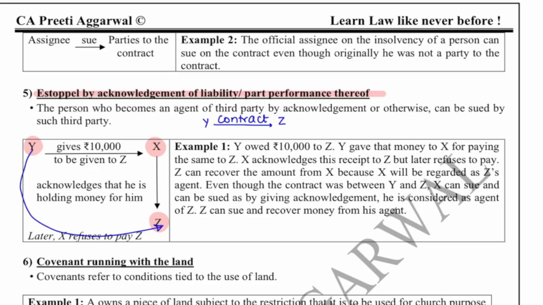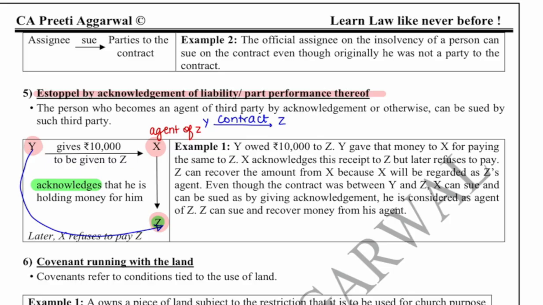There is a contract between Y and Z, wherein Y has to pay money to Z, so he's giving it to X to be given to Z. Now, X in this case gives acknowledgement to Z: Listen, Z, I am holding the money for you. Now, we just discussed that the person who gives the acknowledgement is considered as our agent. So, he is the agent of Z. Now, what if X fails to pay?